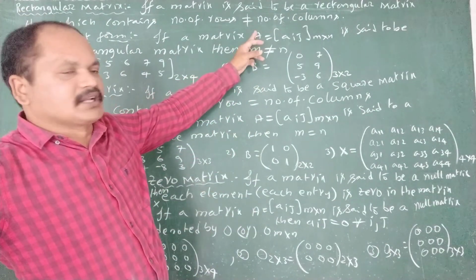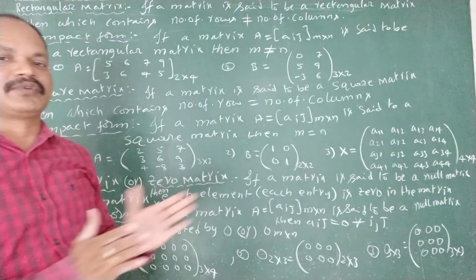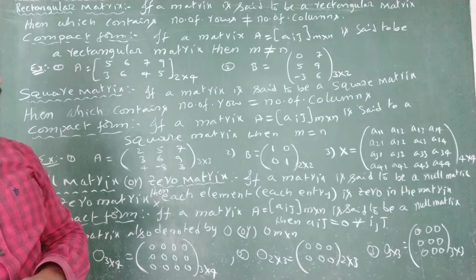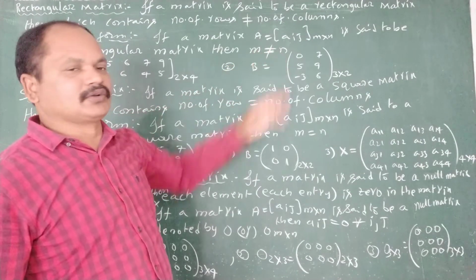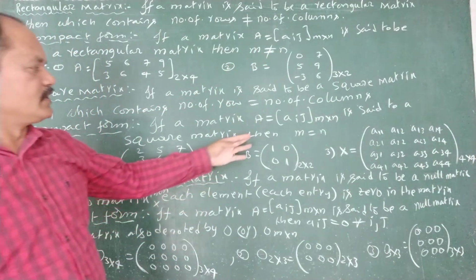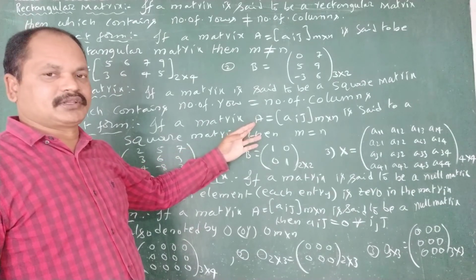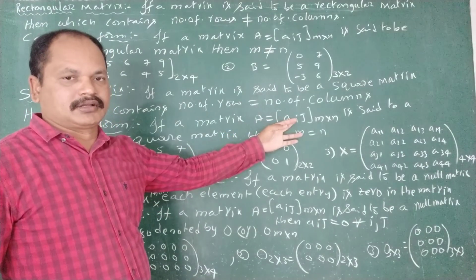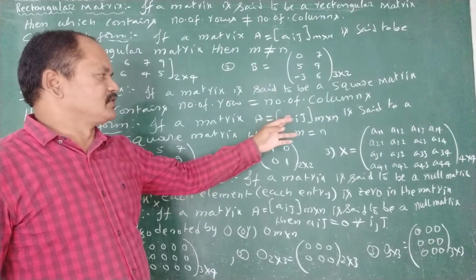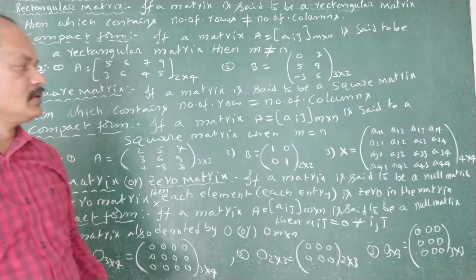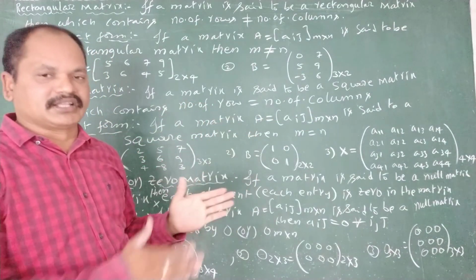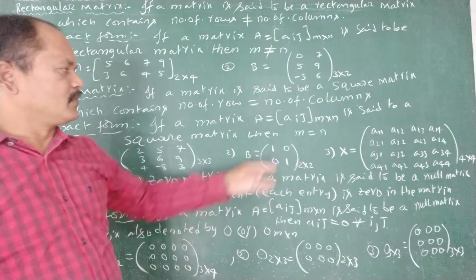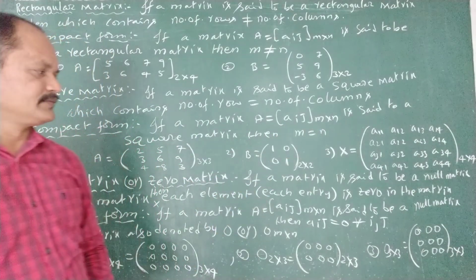If it is a rectangular matrix, then m is not equal to n. For a square matrix, m is equal to n.